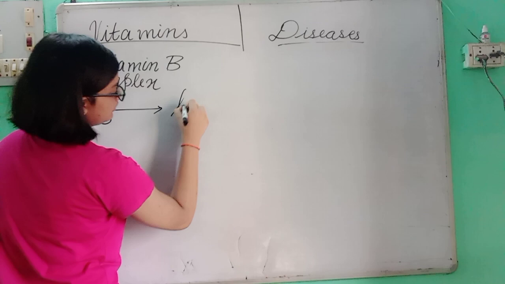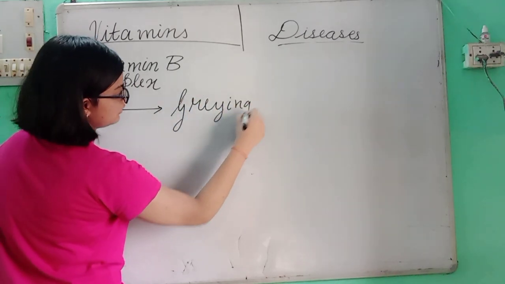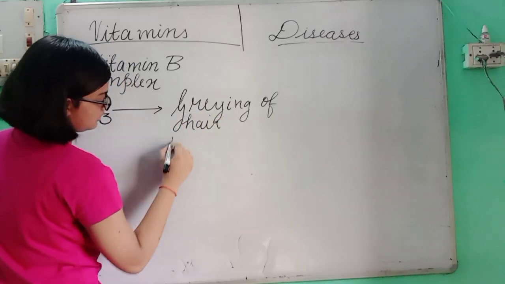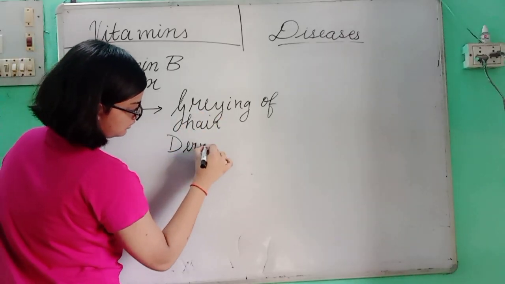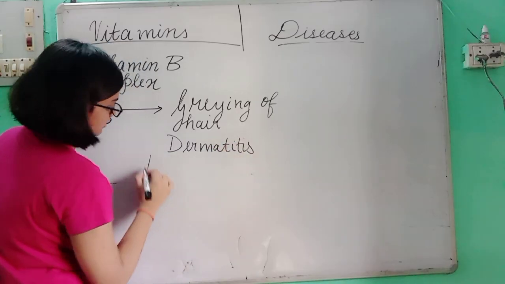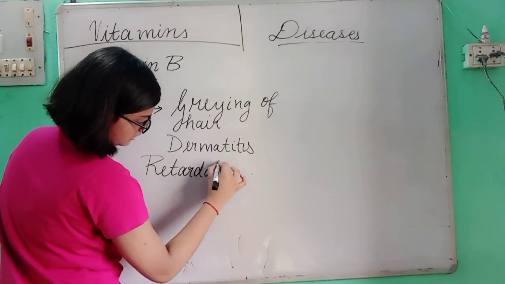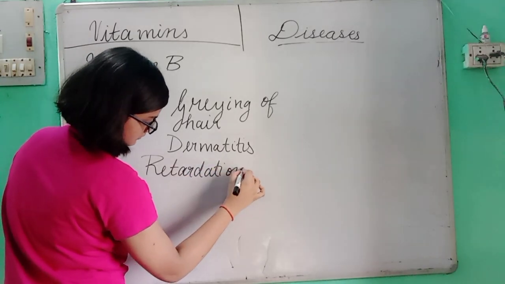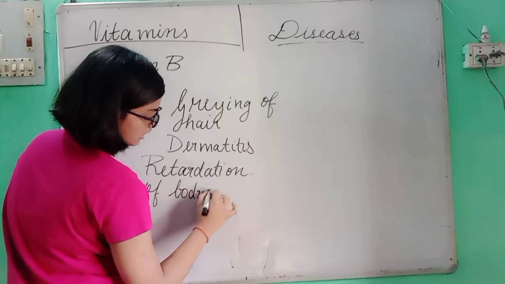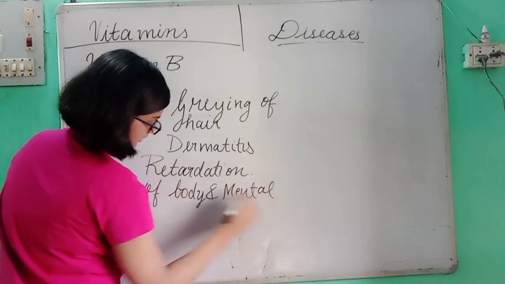Vitamin B3: graying of hair, dermatitis, retardation of body and mental health.